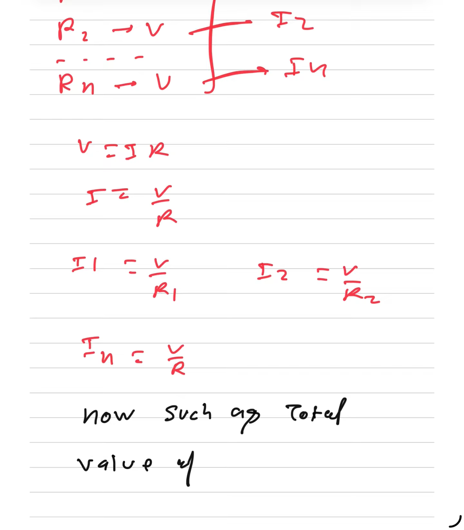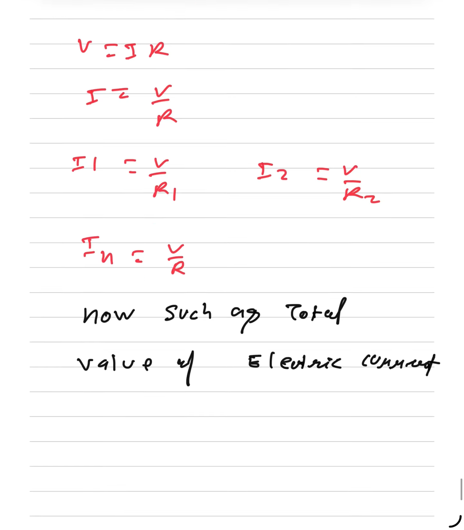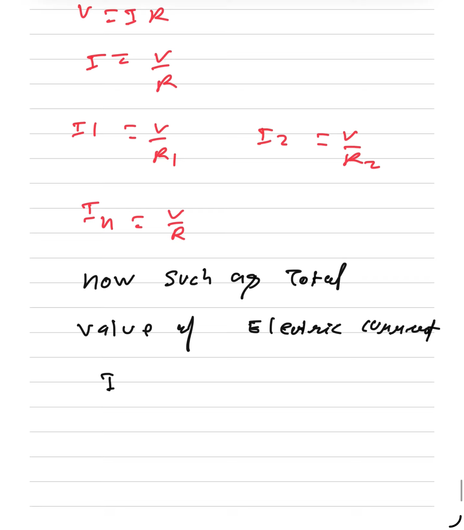electric current I equals I1 plus I2 plus dot dot plus In.